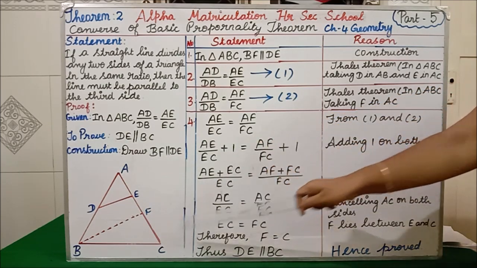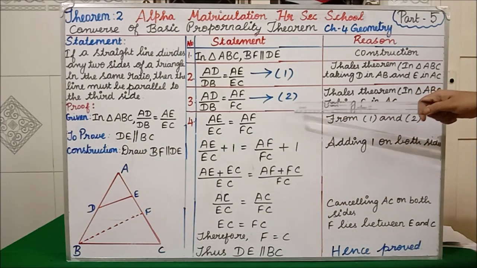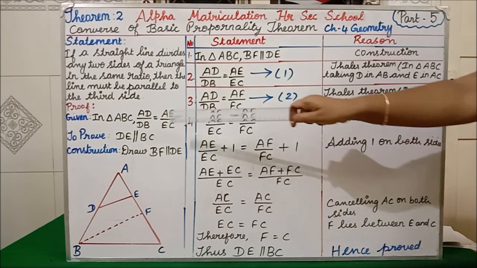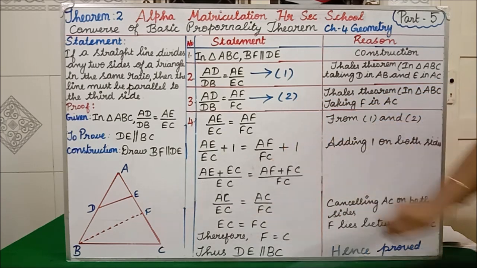AF divided by FC. Because by Thales theorem, instead of point E we are now taking point F, taking F in AC. On the side of AC, forget about E; now we take only point F.